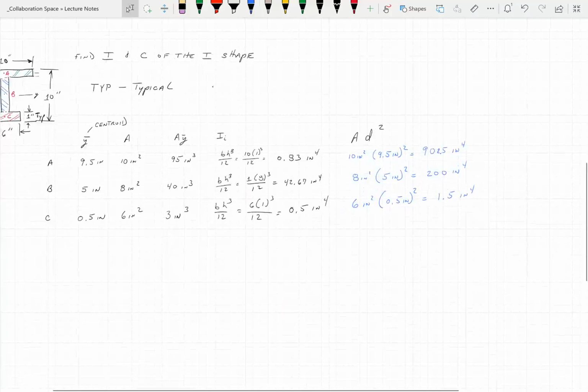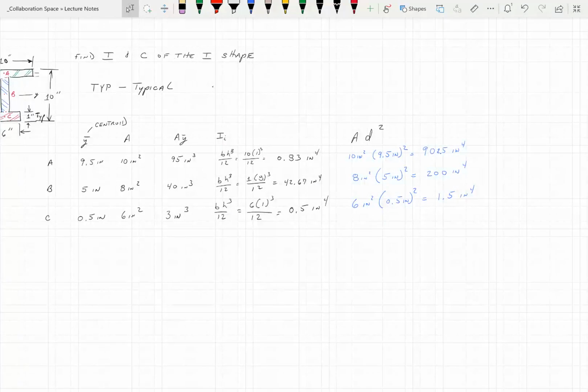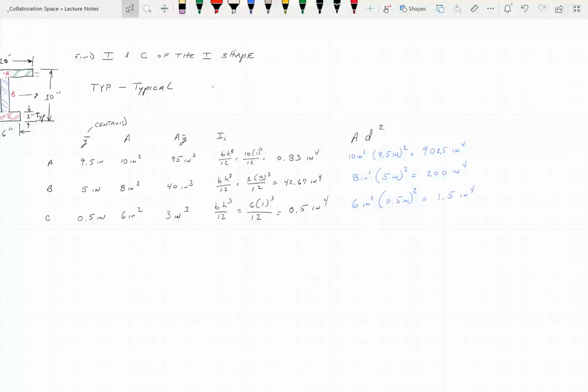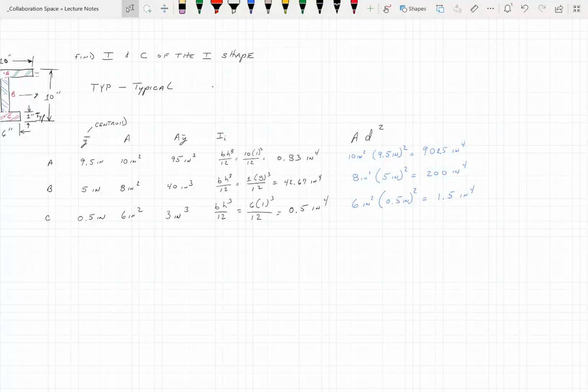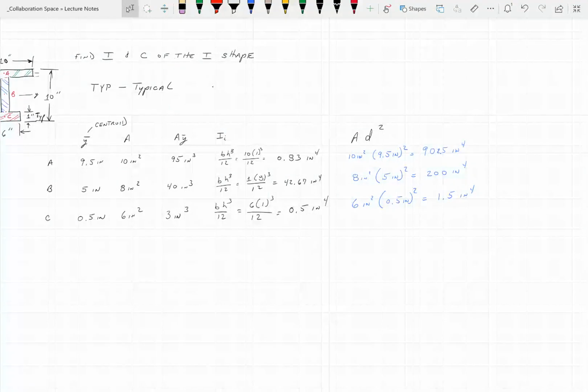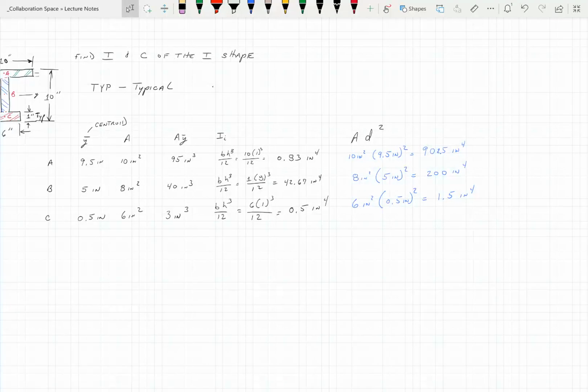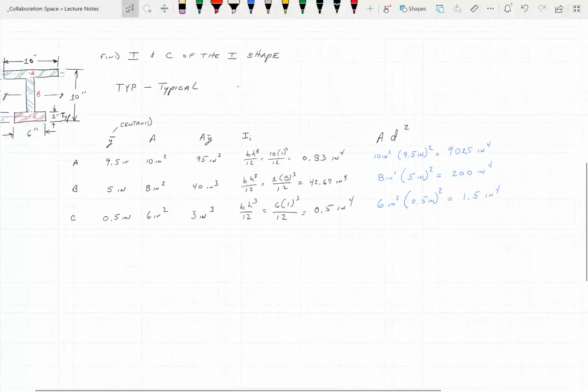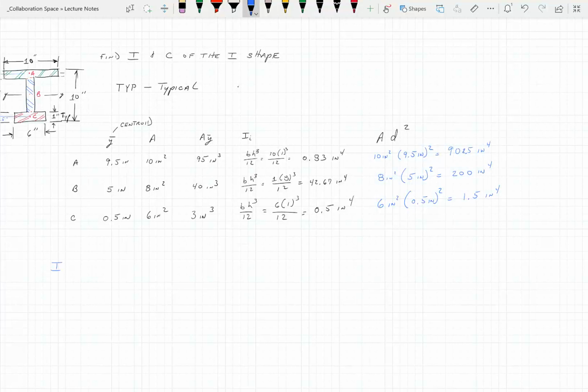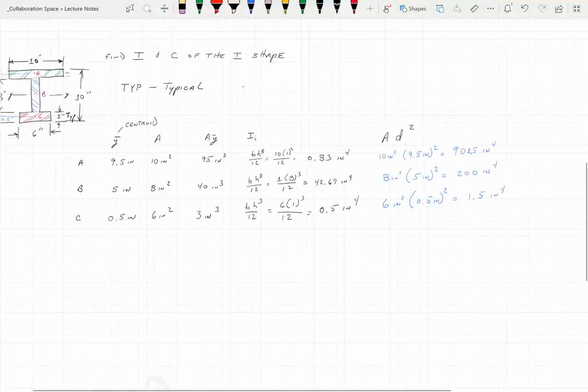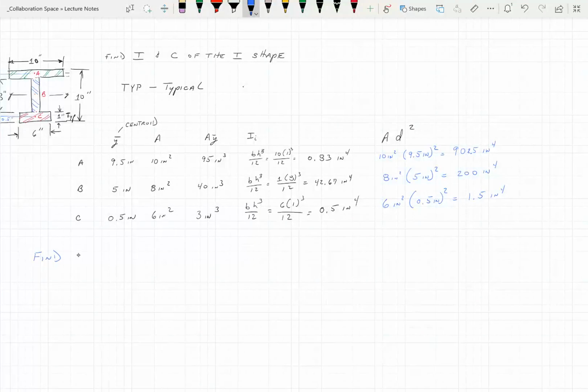Now, I'm doing this with all the places in the table, and I'm going to introduce you to the equation so you don't have to do these last two this way. So it's your choice. You can always tableize it, or you can just come down the list and do the equations. But what we're looking for here is the I. Oh, I'm sorry. Before we do that, let's find the centroid. This is the easier one of the two.